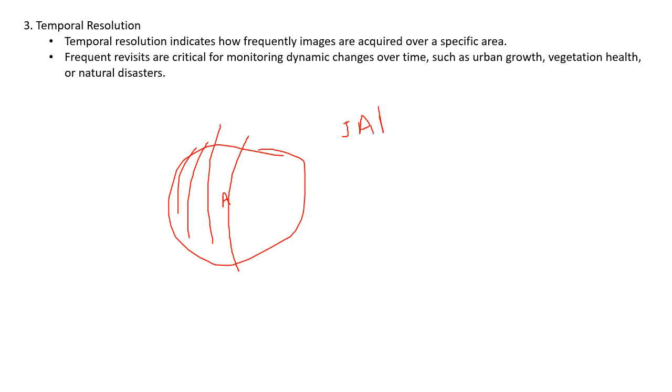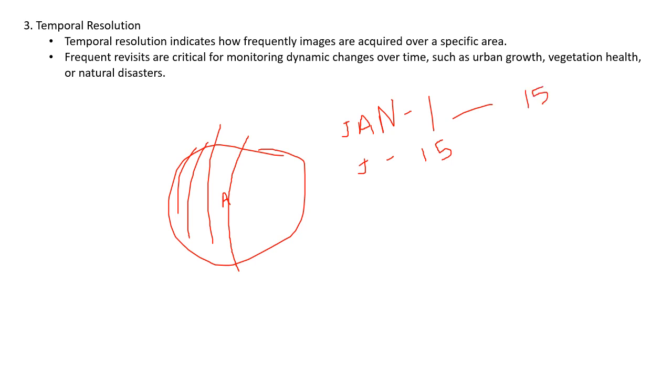This is January 1st. And the second is January 15. So 1 or 15, there is a difference of how many days? This is 15 days. Okay, these are the 15 days. So the temporal resolution is 15.